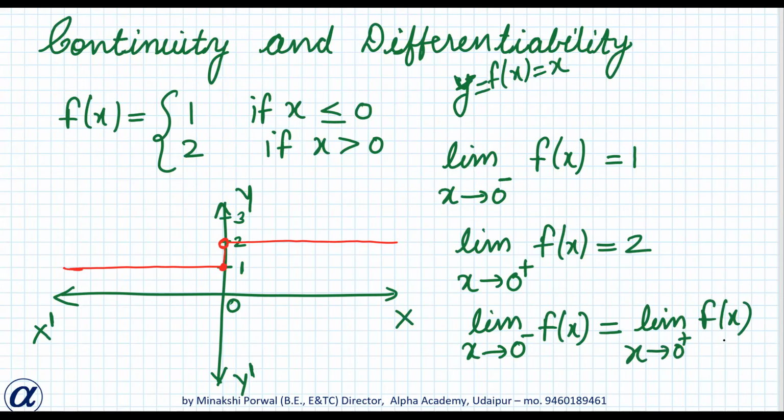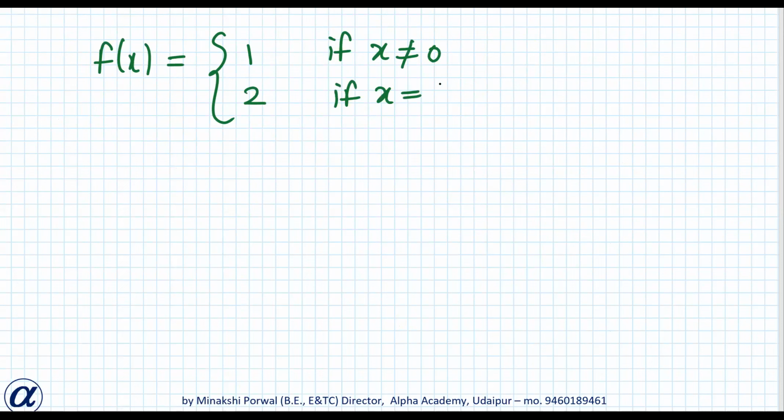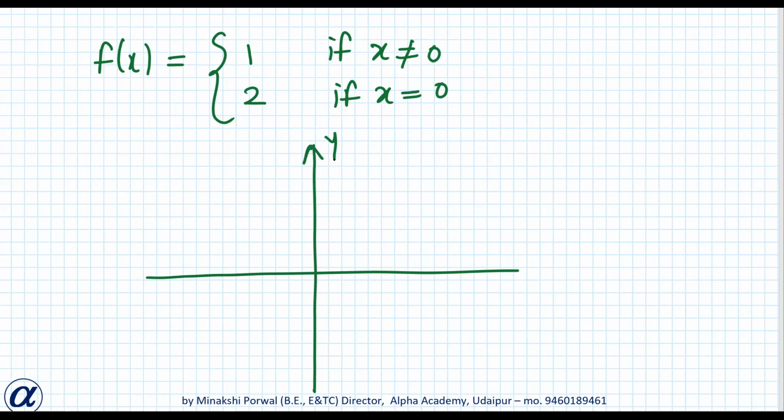Now, coming to another example. Suppose a function is given, f(x) equals 1 if x is not equal to 0, and it is equal to 2 if x is equal to 0. When we plot this function, this is the point 0, with values 1 and 2.